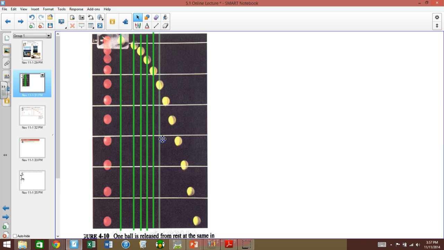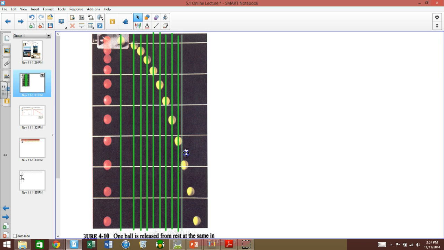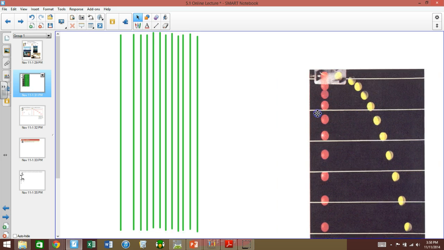And you'll see a pattern that emerges as I'm looking at the ball moving forward. And if you take away this picture now, you'll notice that the spacing between all these lines is identical.